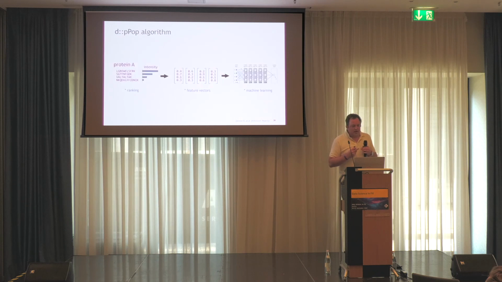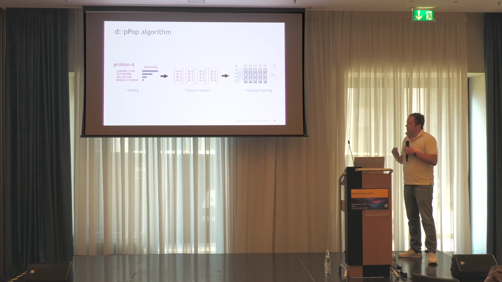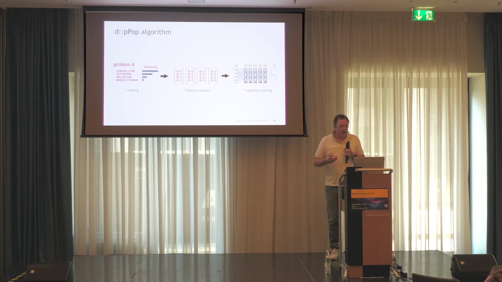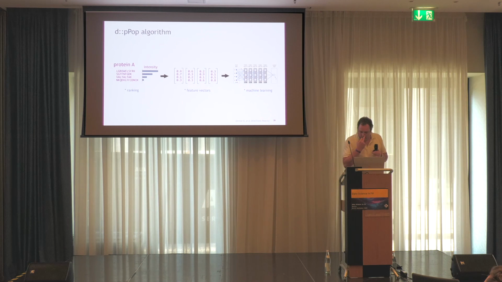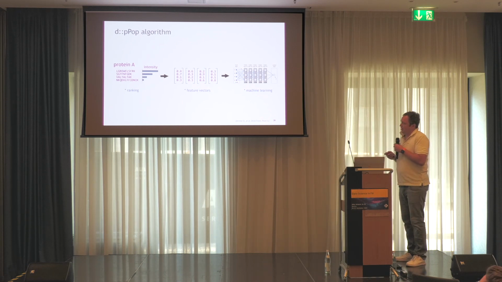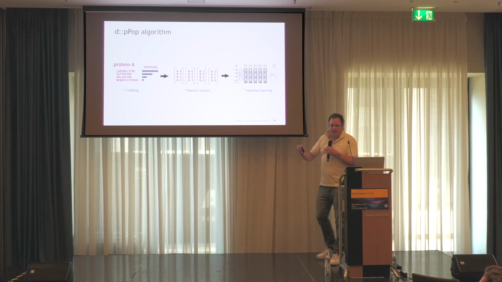I don't go into too much detail, but of course we also developed an algorithm for this. We use DPOP, which is a deep learning algorithm. We did this in 2018, so a little bit of time ago. What we did is we converted the sequence into numerical vectors by projecting it into the physical-chemical properties.